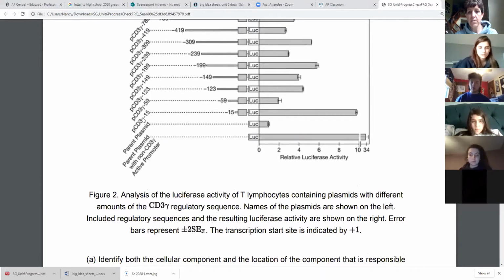Why do you include this bottom one? It shows how much luciferase activity could happen if you don't have any regulatory sequences.